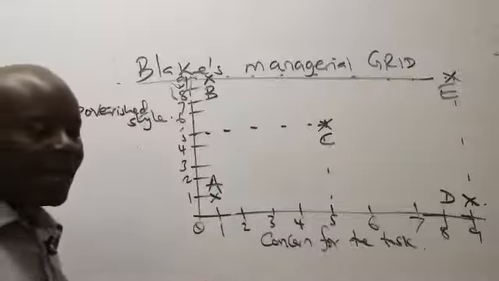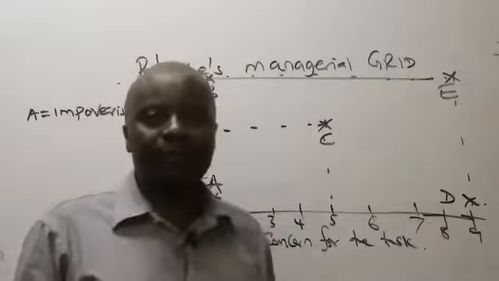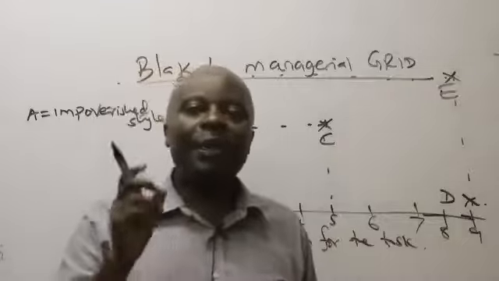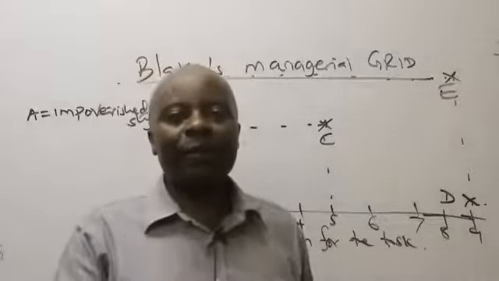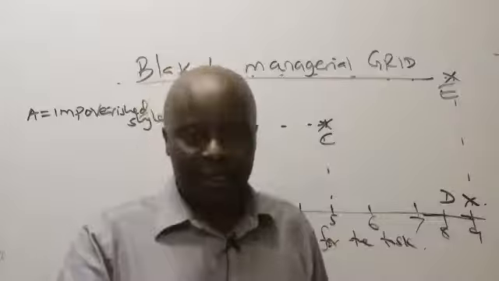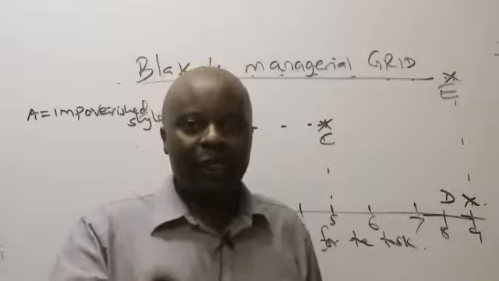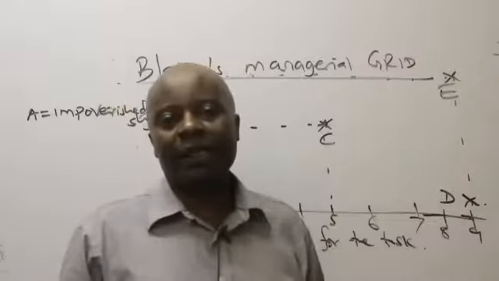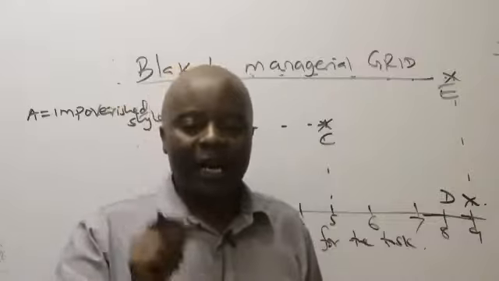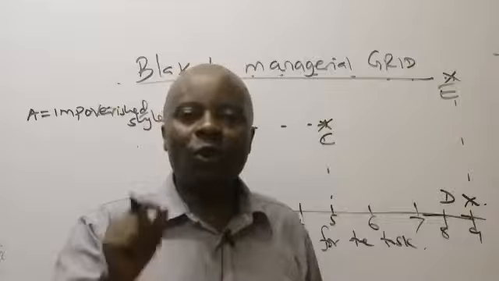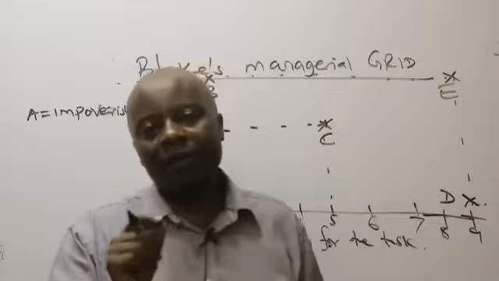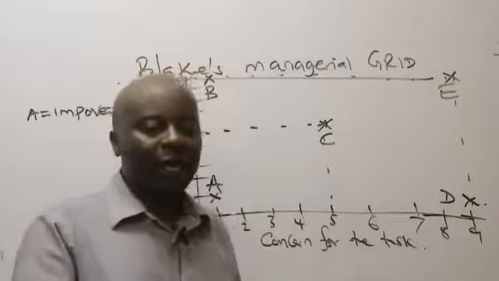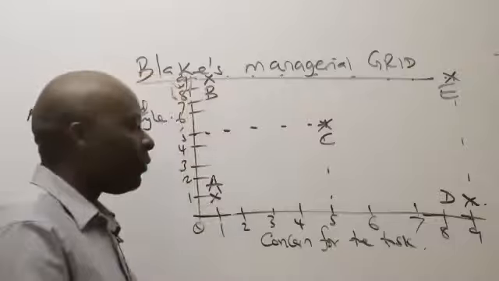This is a bad style of a manager. If you give him, for example, project management tasks, like on JIRA, you will see all his tasks are late, right? And this fellow doesn't even have any concern for the employees. So this is a very poor type of manager.